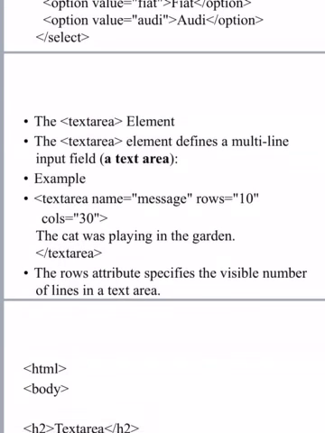We can specify the total number of rows and how many columns should be there. Those 2 attributes are available for textarea, whereas for the input field we don't have that. The size is limited for the input field, whereas the size is not limited for the textarea. We can put in as much text as we want with multiple rows and columns.